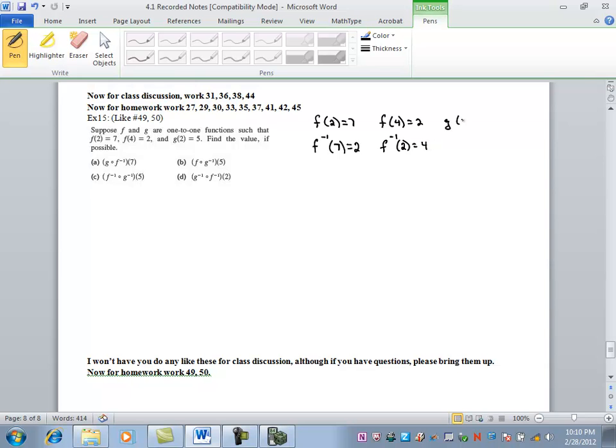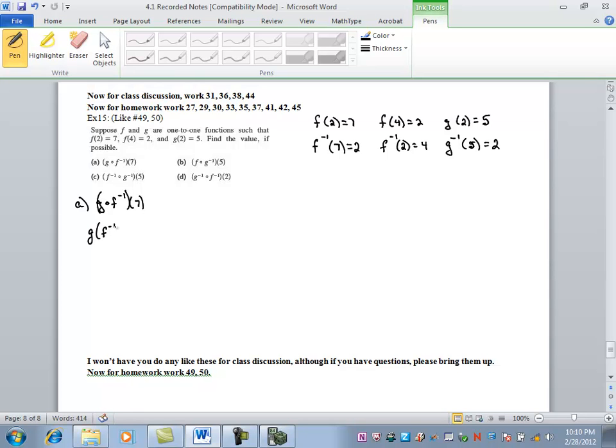And if g of 2 equals 5, then we know that g inverse of 5 equals 2.